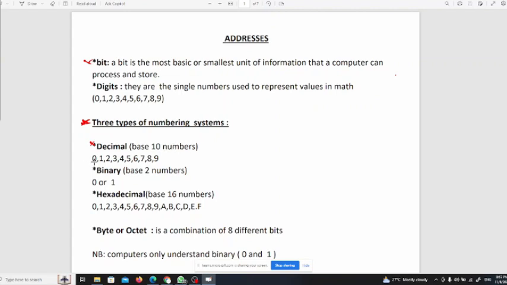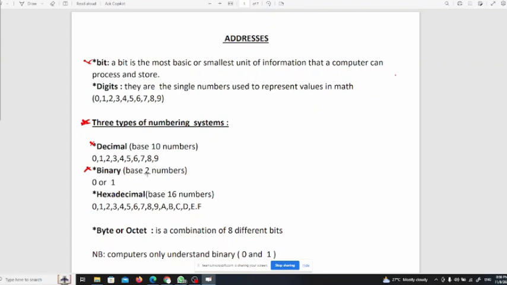The decimal numbering system is made of 10 numbers, from 0 up to 9. This is the decimal numbering system, and this is the one that we humans use. Then we have another numbering system that we call the binary numbering system.